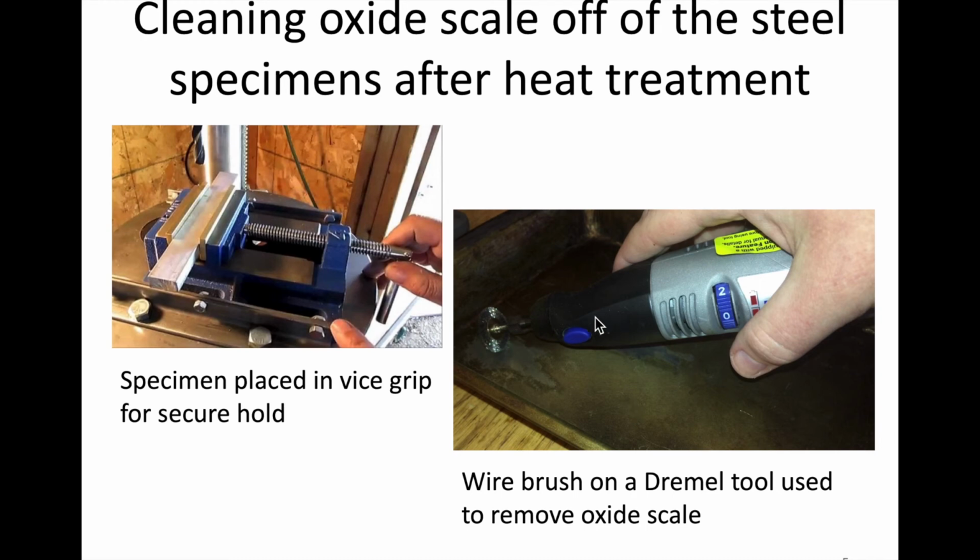And then we use a wire brush, either on a Dremel tool, and we also have a drill. That's what I was using in the instructional video. Either way, you use that rotating wire wheel to remove the scale, as you can see the person in this video doing. So that's how we remove the scale that becomes part of our sample during the furnace treatments.